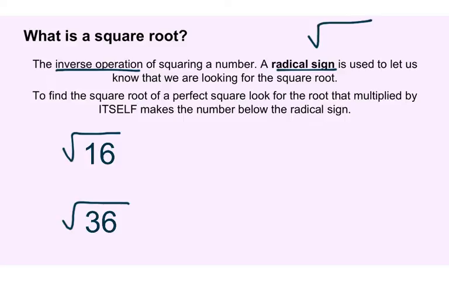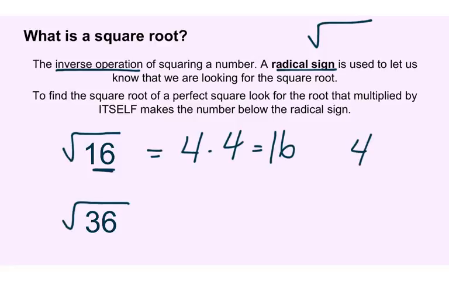Okay, so here's how you find the square root of a perfect square. To find the square root of a perfect square, look for the root that multiplied by itself makes the number below the radical sign. So if I see 16, I know that 4 times 4 gives me 16. So that's 4 squared. So the square root of 16 is 4.